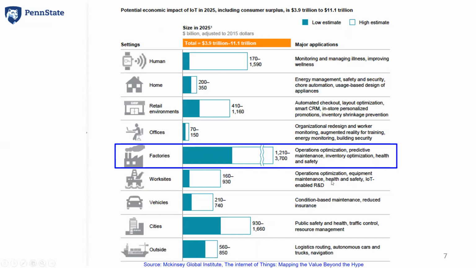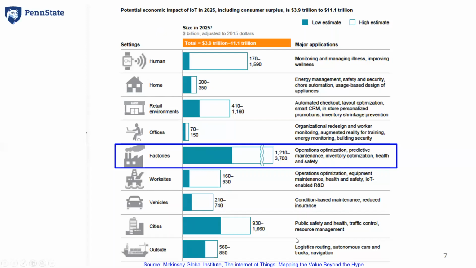We have electric cars and also traditional cars, so we can have condition-based maintenance and reduce the insurance. And the supply chain is also part of manufacturing in the large context of manufacturing systems, with logistics and navigations.